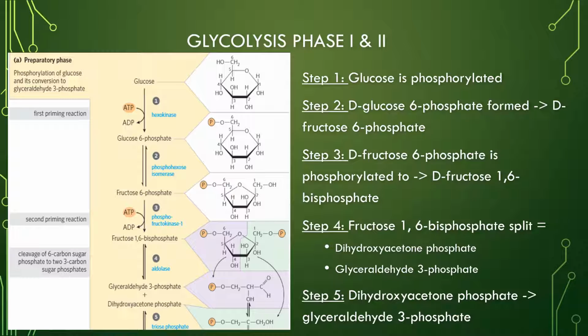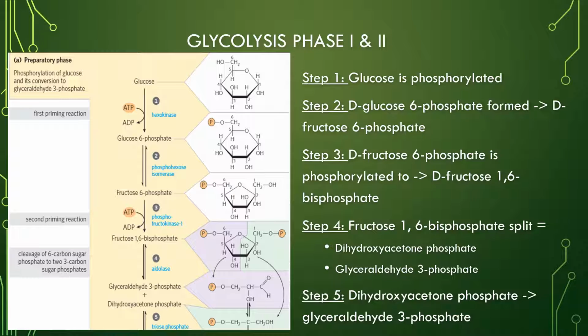And there's a priming reaction that must occur, which is the first step, where hexokinase, the enzyme, is going to break down ATP and take one phosphate and give it to the glucose, making glucose 6-phosphate.